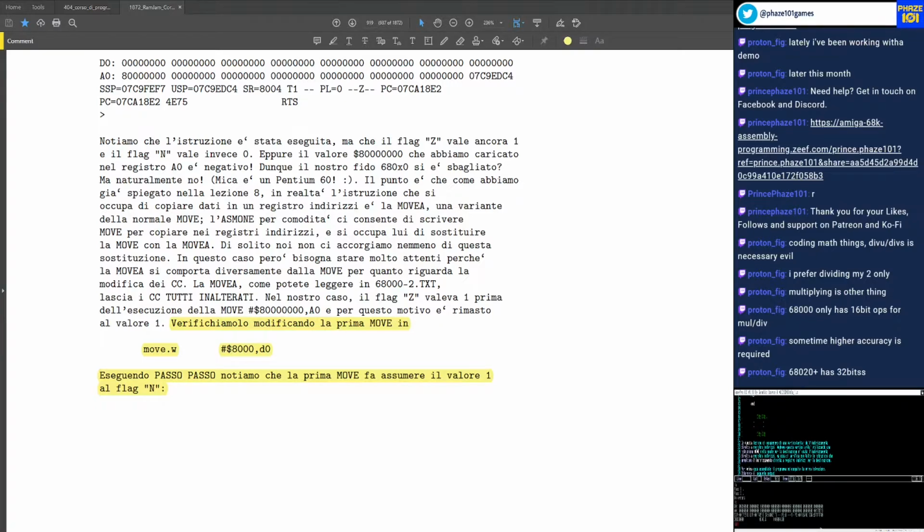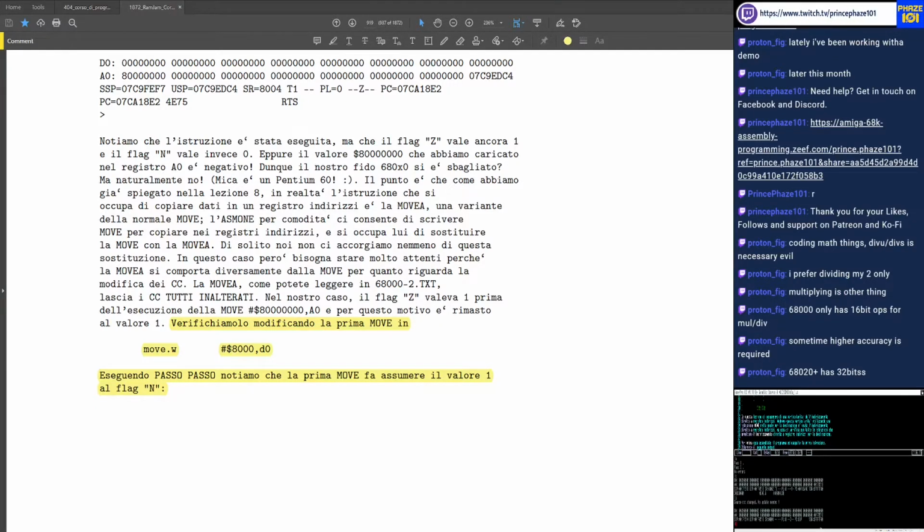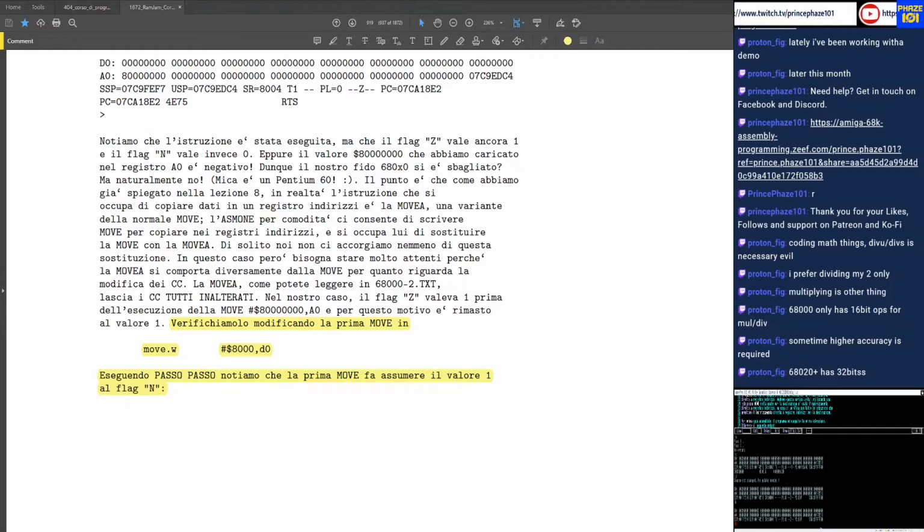I expect it's K I needed to do. So we moved 0 into the 0, so the Z flag is set. Hold on.